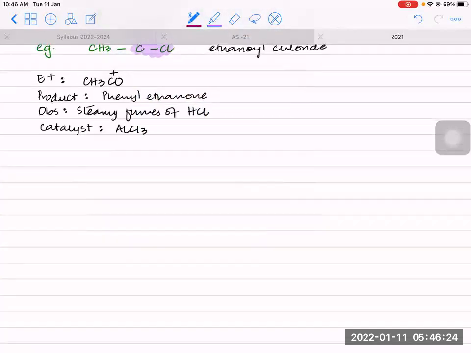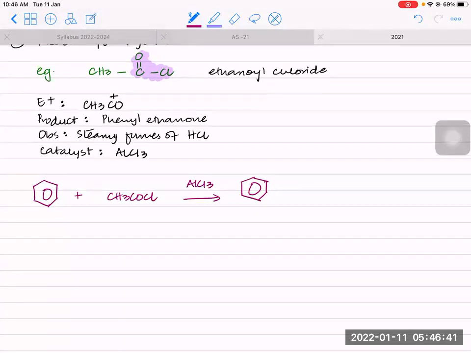Now let's see the overall reaction. So you have benzene with ethanoyl chloride, which is CH3COCl, in the presence of AlCl3 catalyst, and one of the hydrogens is removed and substituted with this electrophile. So you will have COCH3 attached here.